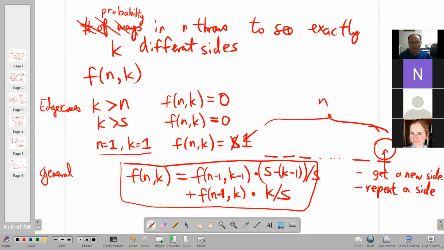So probability and counting are very much related, and both of them quite often are solved by recursion and dynamic programming. So that's really, I guess, the theme of this past couple of weeks. Okay, I guess that's all I want to say for these problems.